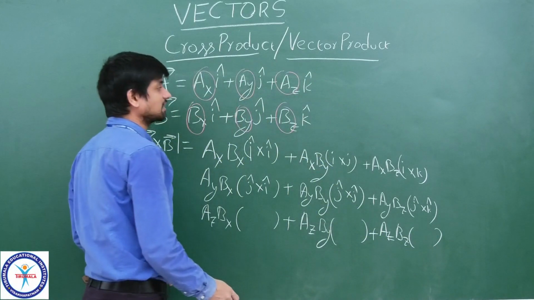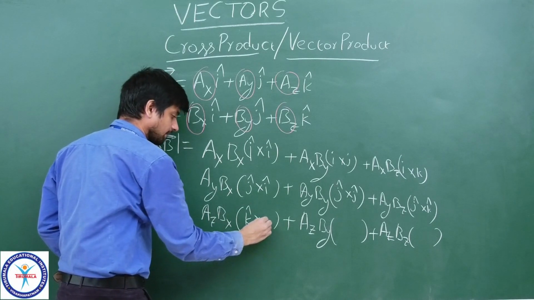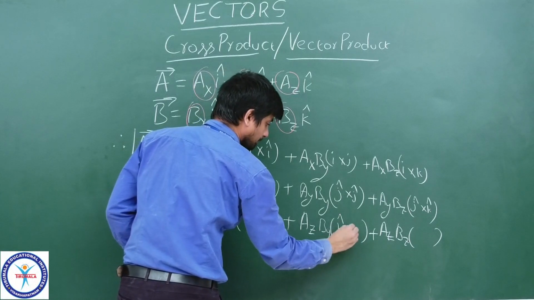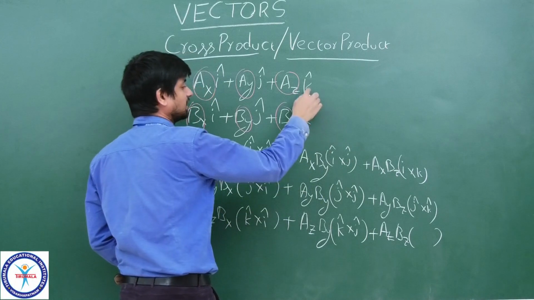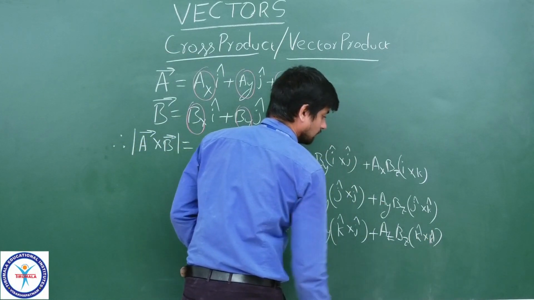What are the unit vectors being multiplied here? k into i, k into j, and k into k. Yes.